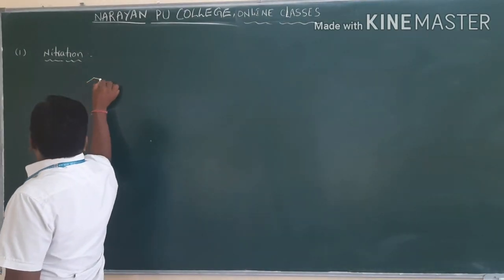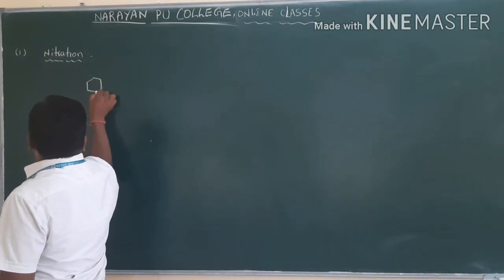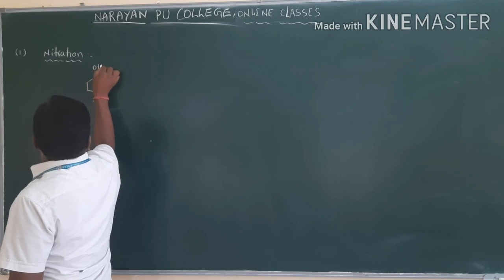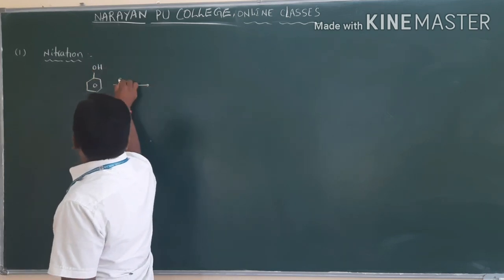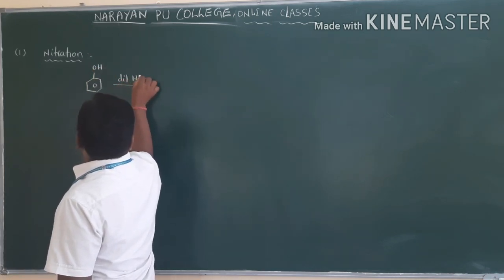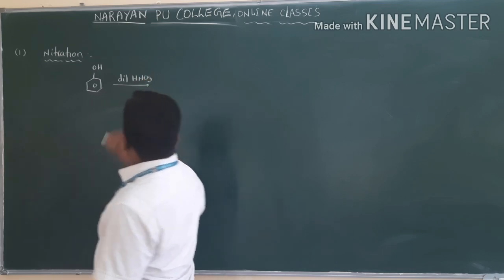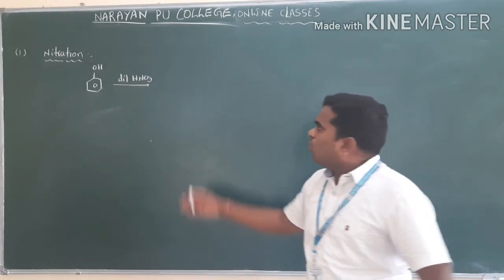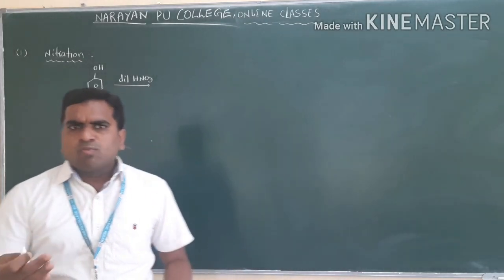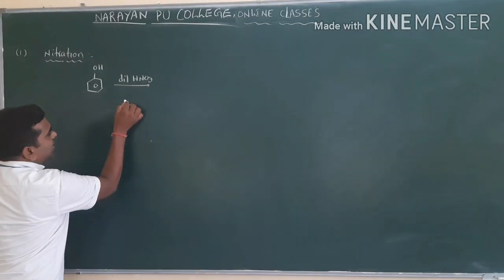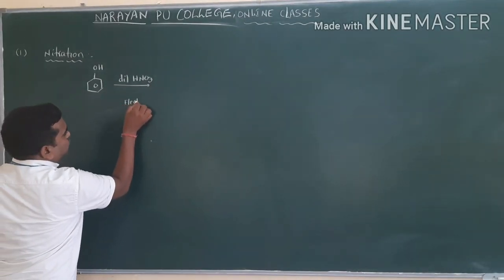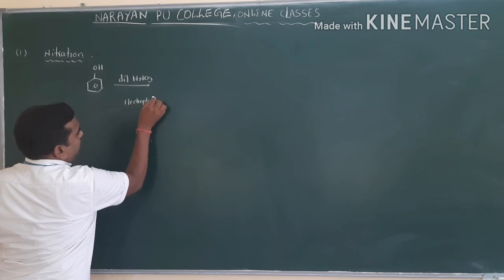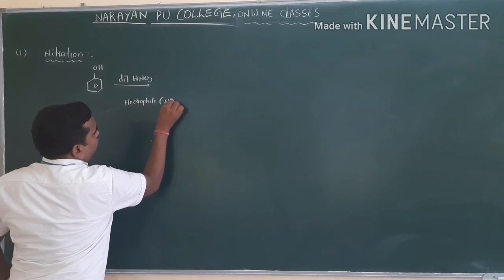Whenever we take phenol and treat it with dilute HNO3, do you know what the electrophile is here? The electrophile is NO2 plus.